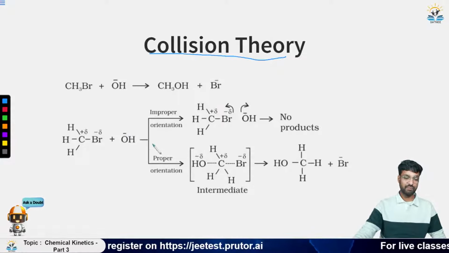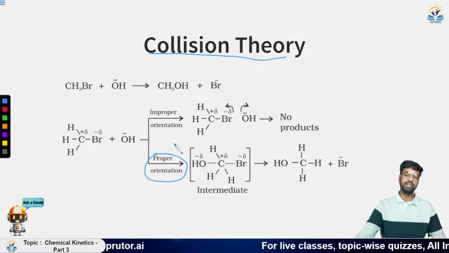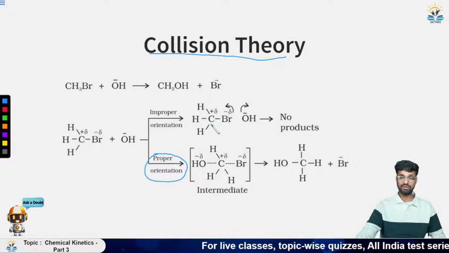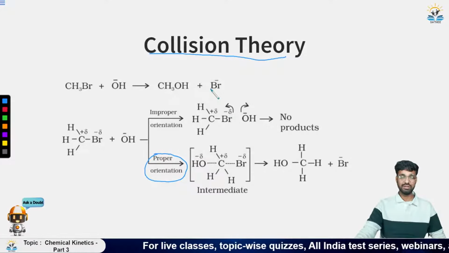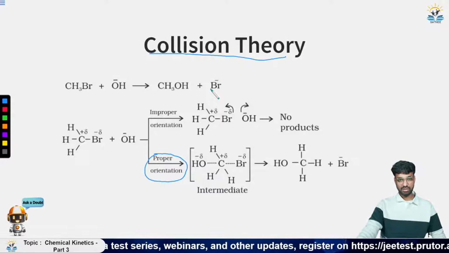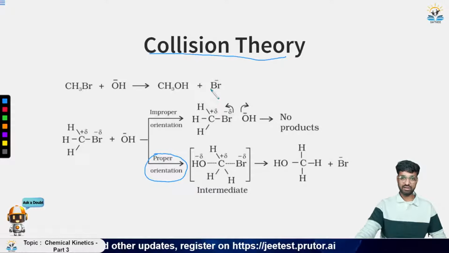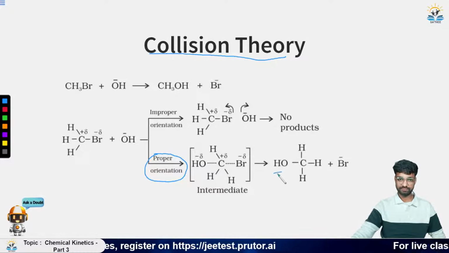There must be a proper orientation. They must have the required energy, and at the same time a proper orientation, so that the overlap of the orbitals may take place efficiently and result in product formation.